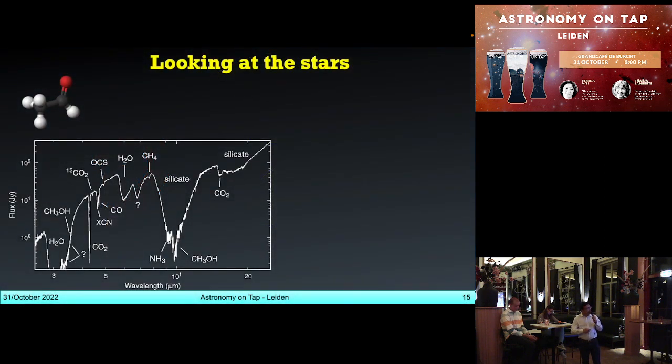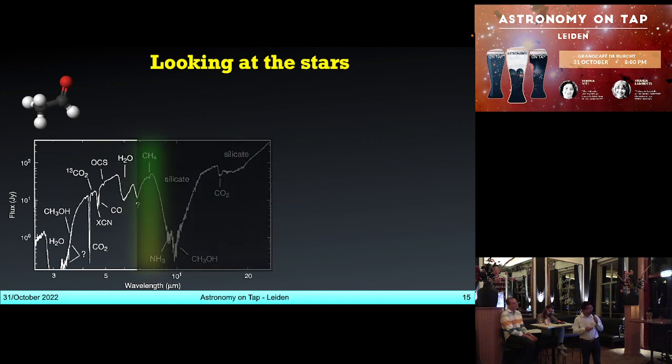Well, if we look at this spectrum here, this is a spectrum of a high-mass protostar observed in the 90s, and basically we have different absorption bands associated with different molecules. We see that water is the most abundant ice that we have in space, but we can go to the smaller components, like this one here.